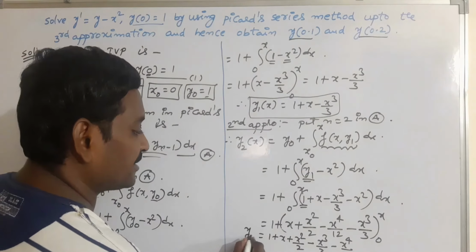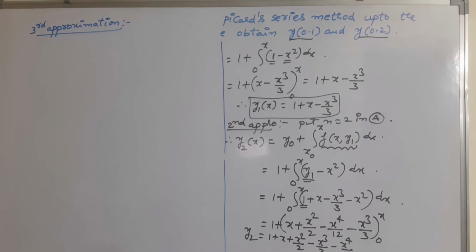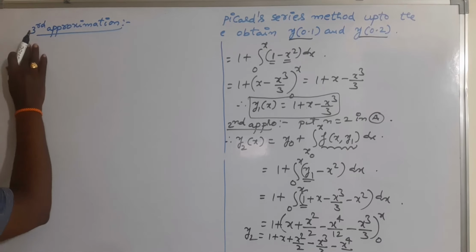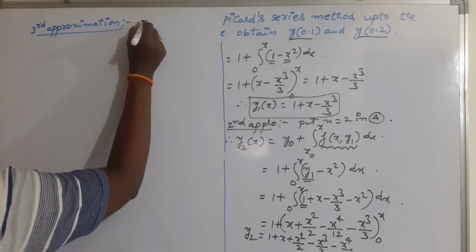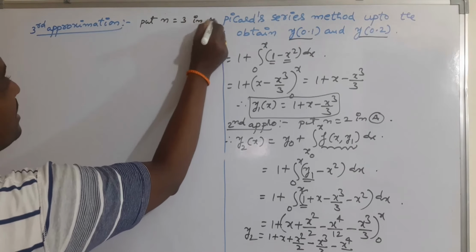This is y2. Now we have to find out another approximation, which is y3. Take the heading third approximation. For third approximation we should replace n value as 3 in the Picard series algorithm.